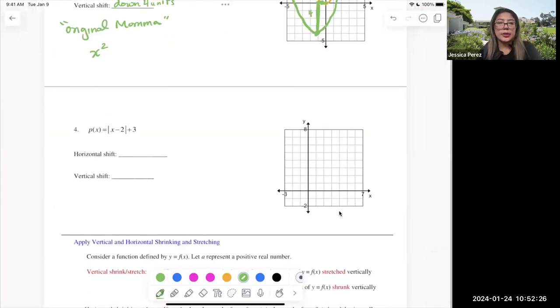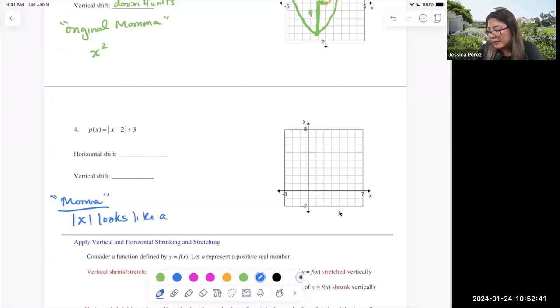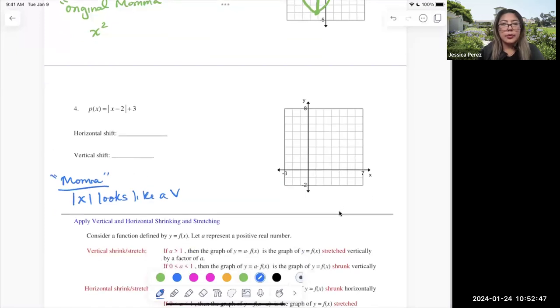So then for the next one, we know that mama, the absolute value of x, looks like a V. That's what we learned in the morning. Now, what about the horizontal shift?